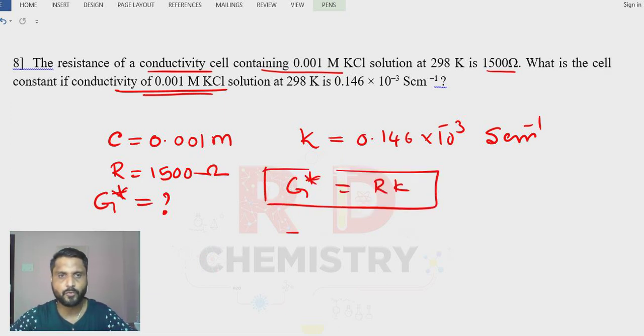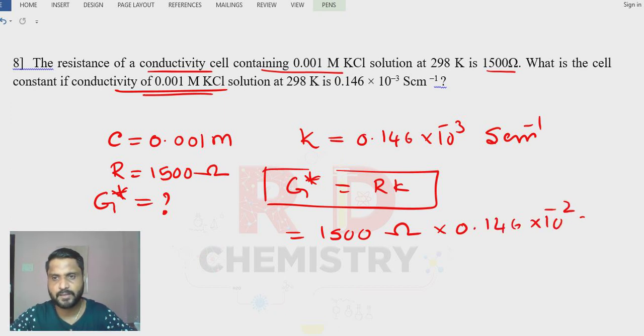So R is equal to 1500 in terms of ohms, and the conductivity kappa is 0.146 into 10 power minus 3 Siemens per centimeter. The Siemens is actually nothing but ohm inverse, so ohm inverse and ohm get cancelled.